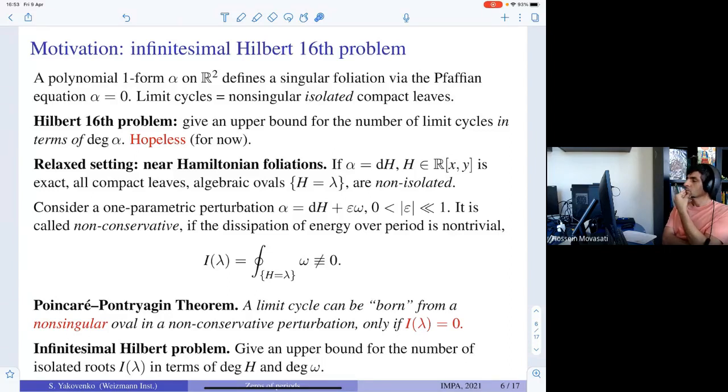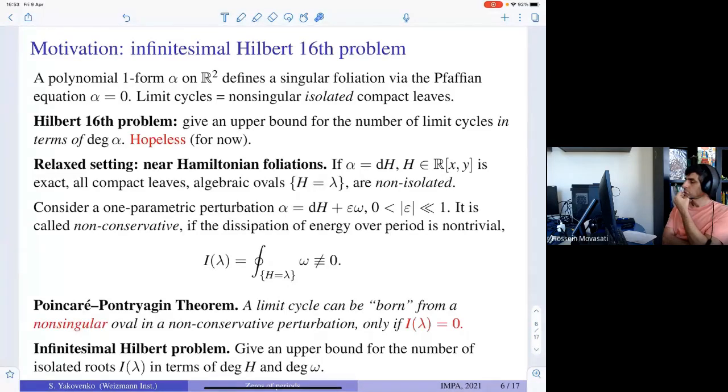So if it is non-zero, then such a periodic motion cannot survive in the perturbation as a periodic motion. If it is zero, then under some easy assumptions, you can prove that this indeed generates a limit cycle.